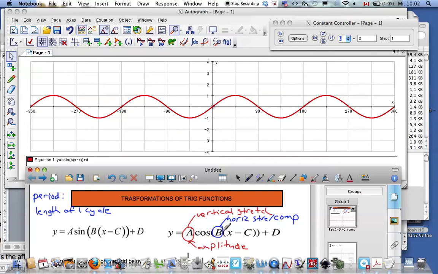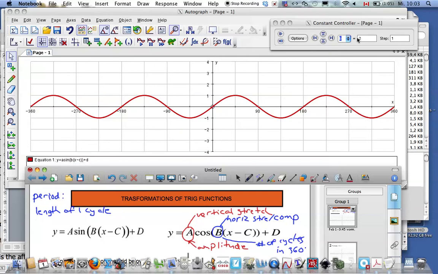Okay, now something more to say about it. The other thing that b is, it is the number of cycles that we are going to fit in 360 degrees. Okay, so you saw when b was 1, it was just one cycle in 360. When b is 2, then you see that you're fitting 2, okay?